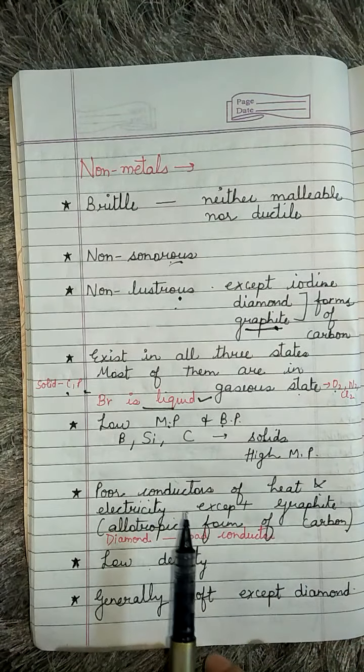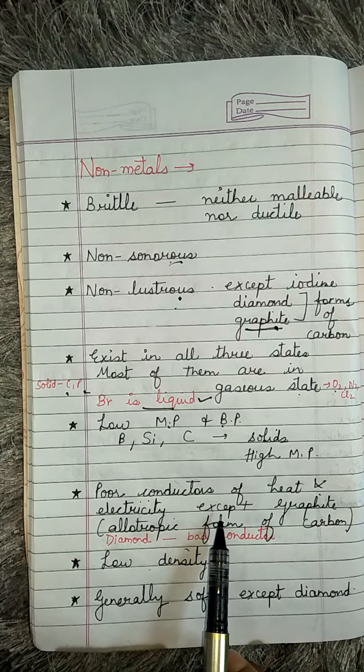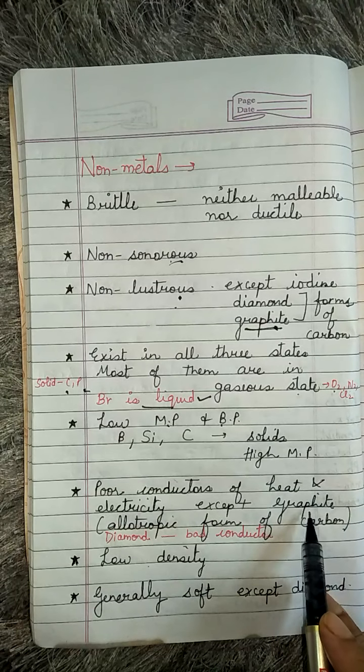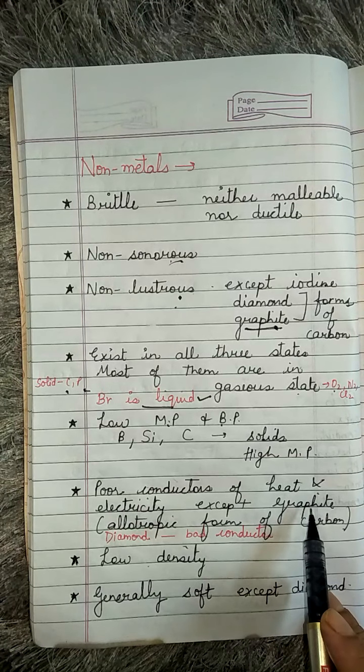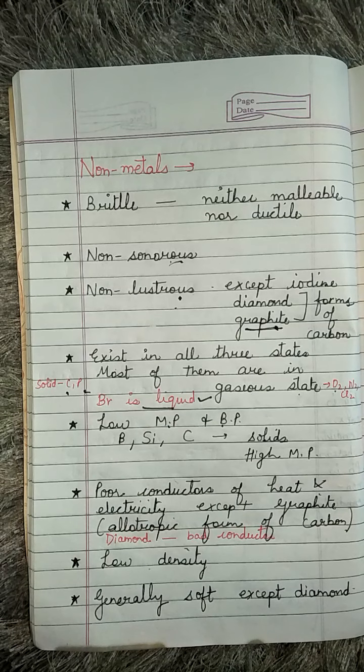Fine. Then next, non-metals are considered poor conductors of heat and electricity. The exception is again there: graphite. Graphite is a good conductor of electricity. I hope you are all aware of graphite. Graphite is an allotropic form, or you can say a form of carbon, and it is the pencil lead.